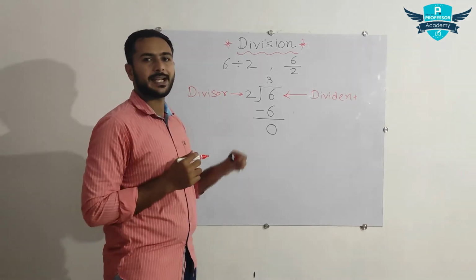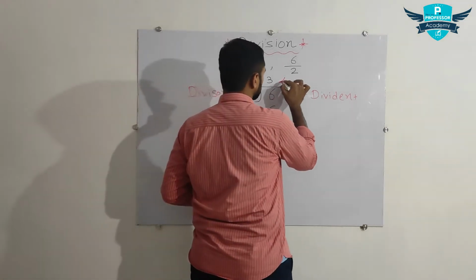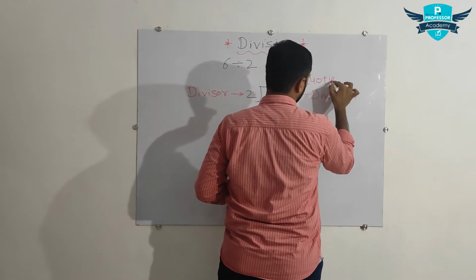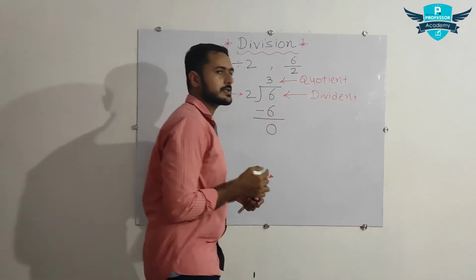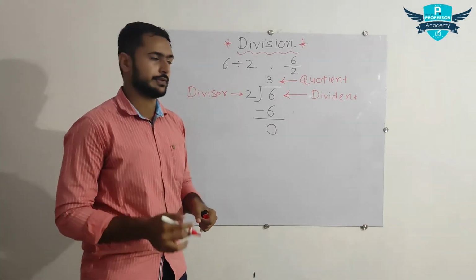Whatever answer we get in the division is known as the quotient. And last, whatever number remains here is known as the remainder.